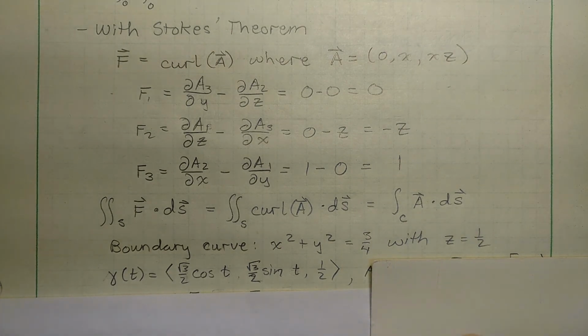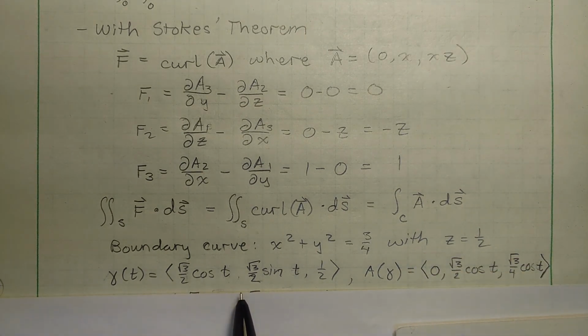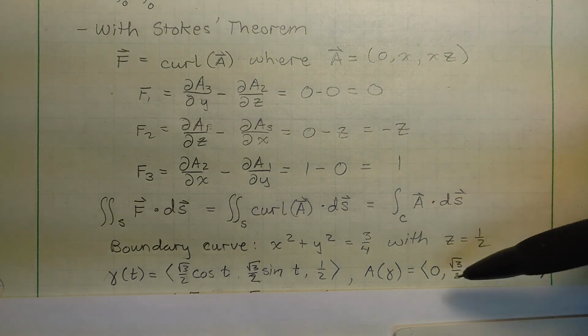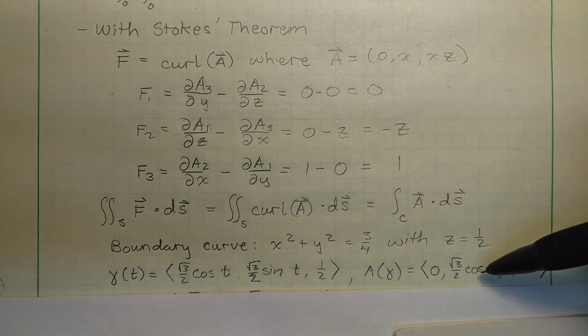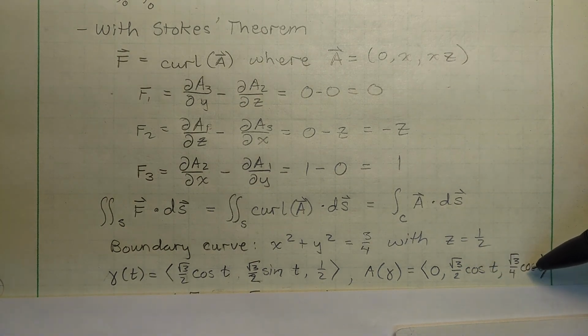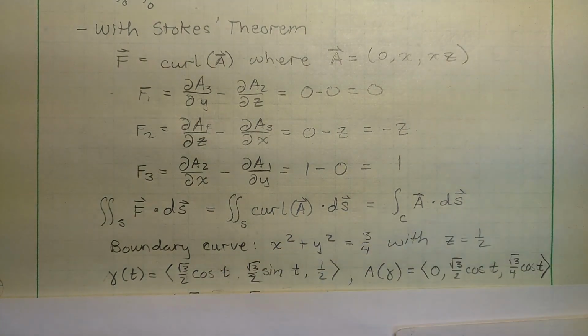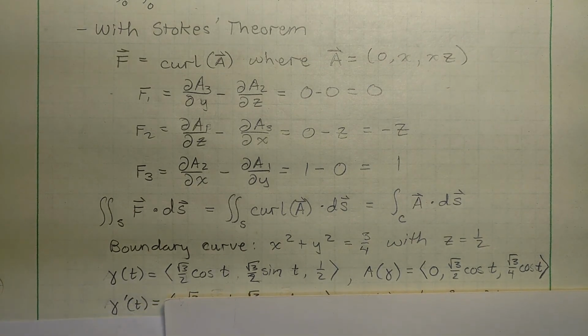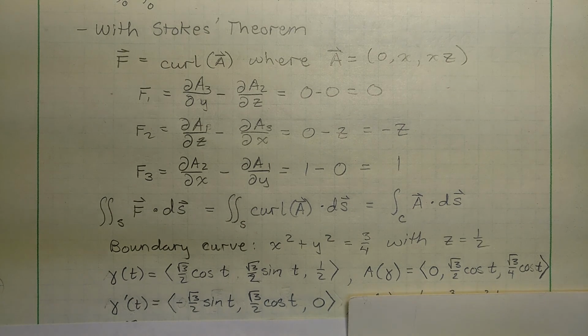Then when I go to do A dot ds, I must take my vector A, parameterized with gamma, and put that in the appropriate spots. Remember, my vector for A was 0, x, xz. So there's 0, there is my x, and here is my x times z, which ends up being my x times the 1/2 there. And then I have to take the derivative of gamma. So taking the derivative of gamma, I get this.